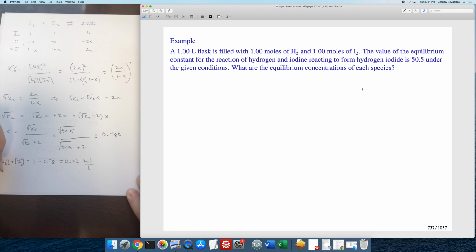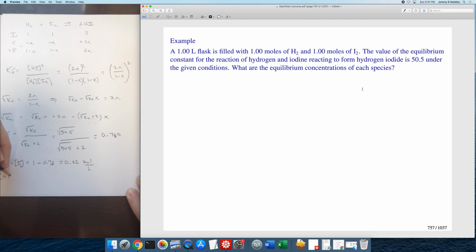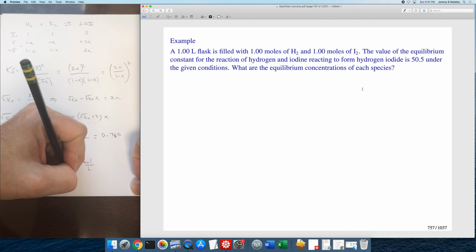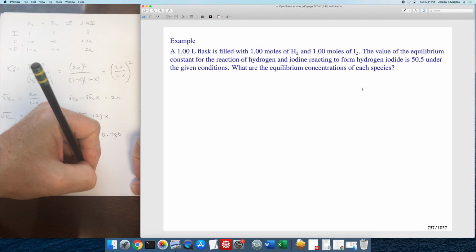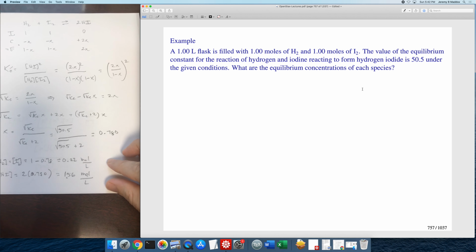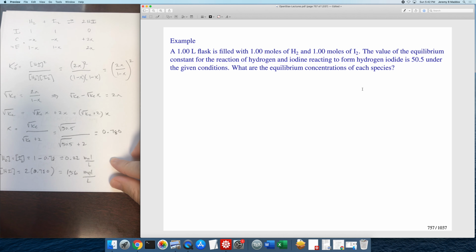And then the concentration of the hydrogen iodide will be 2 times 0.78, or 1.56 moles per liter. So these are the equilibrium concentrations.